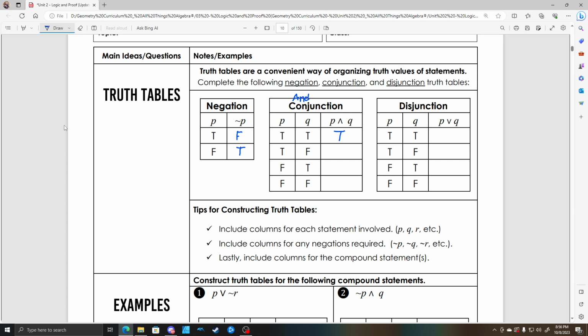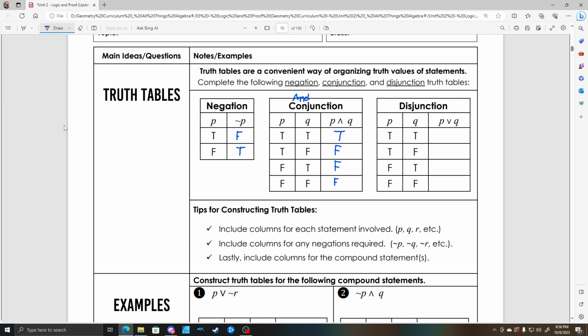So anywhere where one of the two statements is false, this whole statement could not be true. Remember, we learned that last lesson. So we know that these three all have to be false, and this is the one in class that I said was like super false. But yeah, these are all false. So only one in every four situations for an and problem is going to be true.